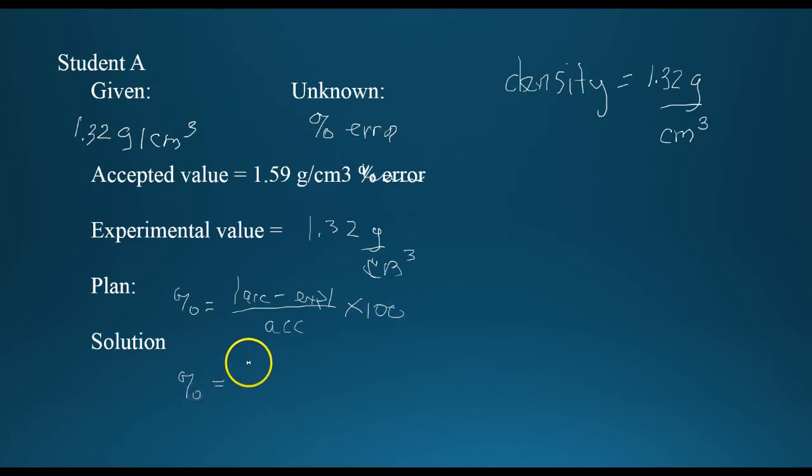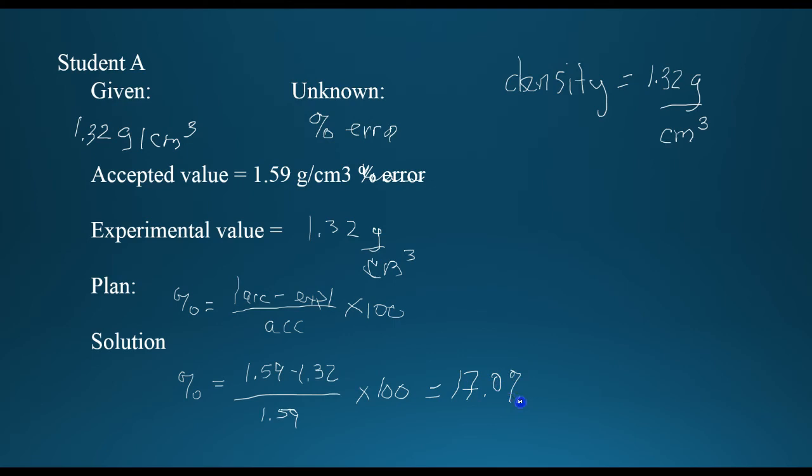So we would have 1.59 minus 1.32 divided by 1.59 times 100, and calculated, that would be equal to 17.0%. So what does that mean?